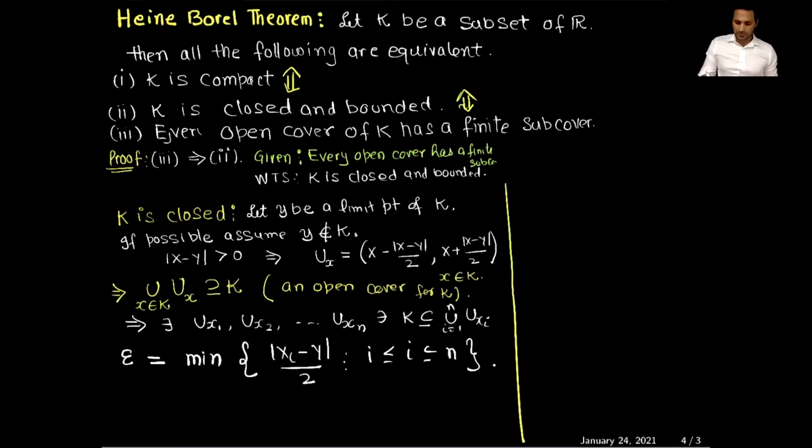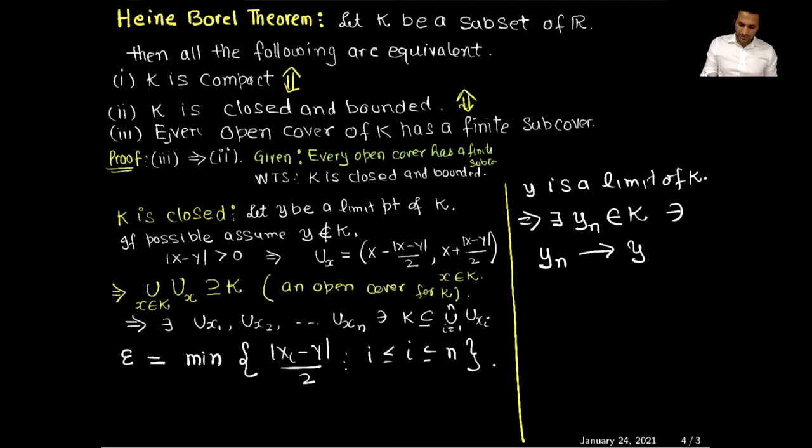Also notice one thing, y is a limit point of K. If y is a limit point, we can find a sequence. There exists a sequence y_n belonging to K such that y_n converges to y. This is a consequence of one of the theorems we proved in our previous video, that if y is a limit point, we can always find a sequence in the set which will converge to this limit point.